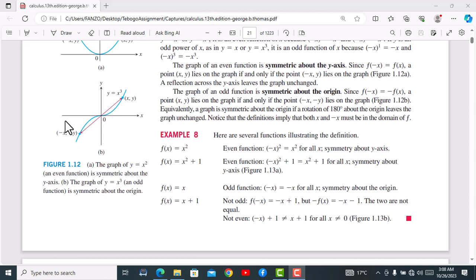Very, very important that the value of x and the value of -x must be in the domain of this function. Let me just show you this: the value of x and the value of -x, there they are. Very important when you perform this rotation about the origin.